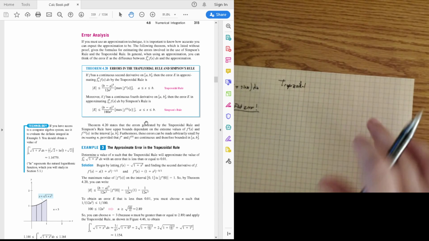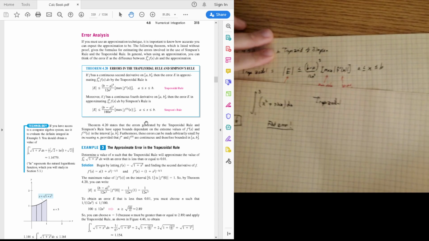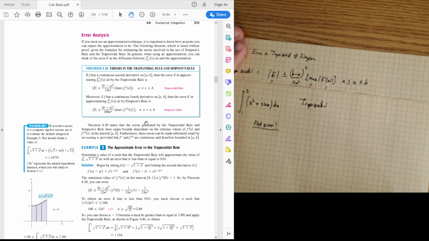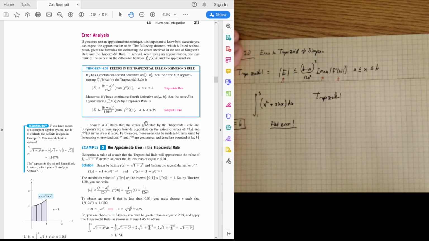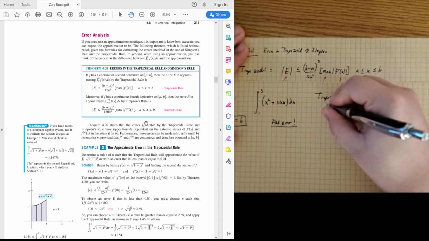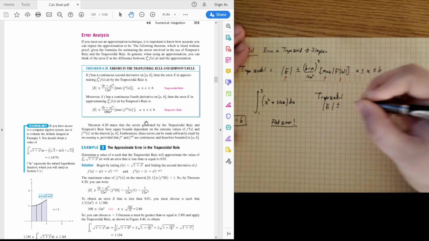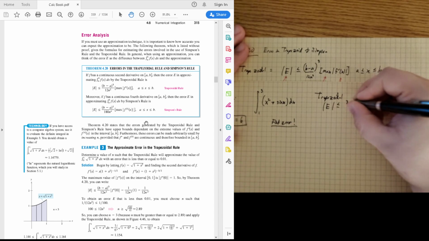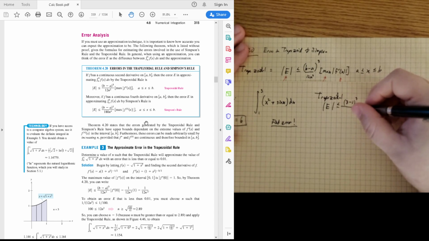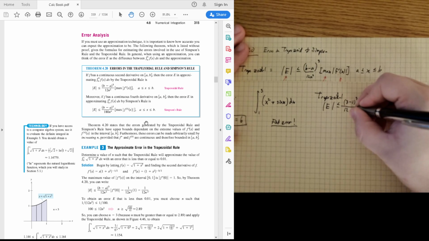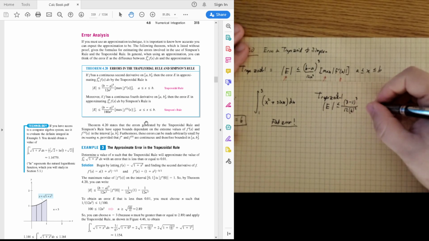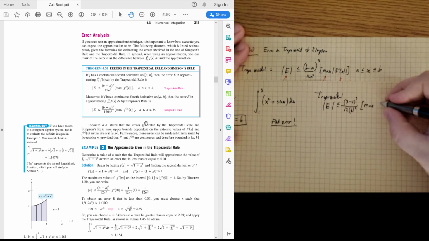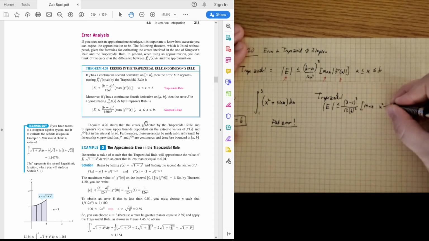So to find the trapezoidal error, the error is less than or equal to b minus a, so that'd be 3 minus 1, to the third power, divided by 12 times our n, which is 6 squared, times, this is the fun part, the max of the second derivative of x squared plus sine x.